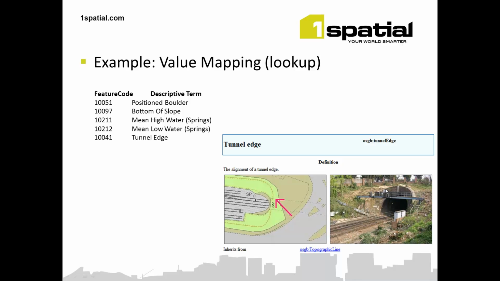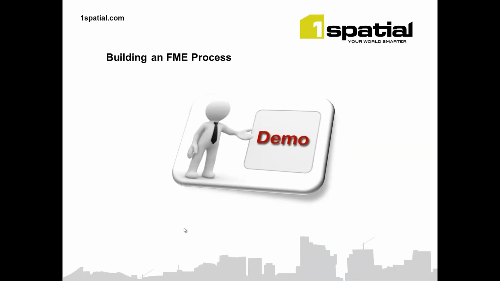This is an example of a table lookup where perhaps you store coded information against the data, but a table elsewhere in your environment contains the description of the content. So you can use an attribute value mapper to look up the content and join the description onto your data as you publish it.